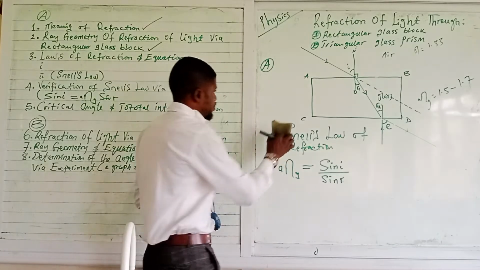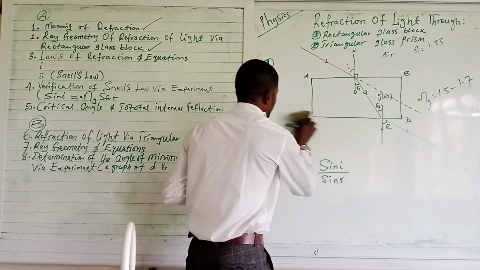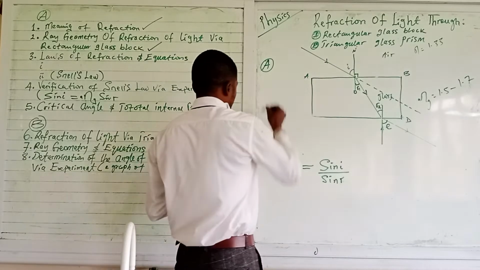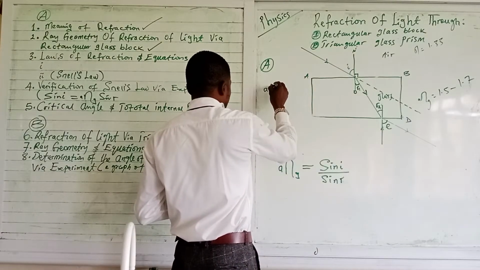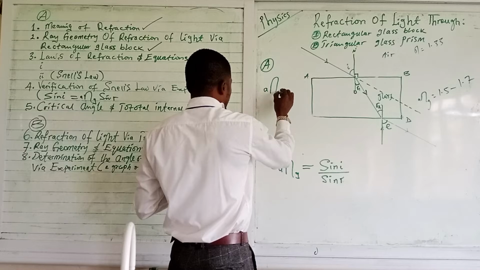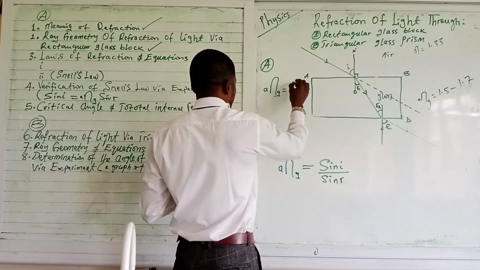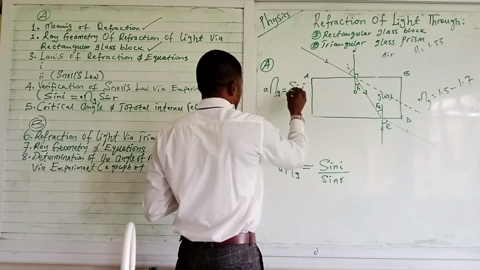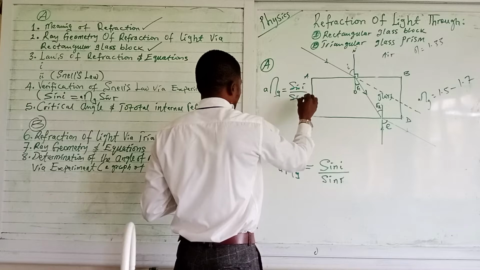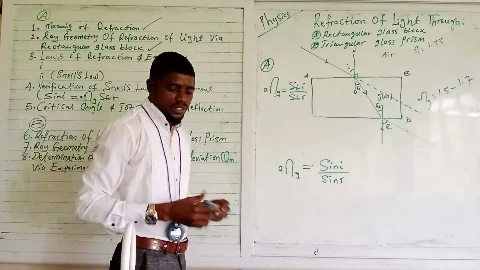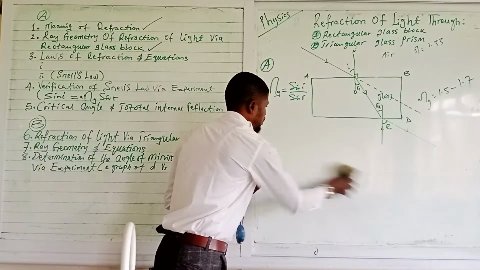So let's move straight to the point. We have seen that the refractive index of air with respect to glass is given as sine I over sine R. We call it Snell's law of refraction.